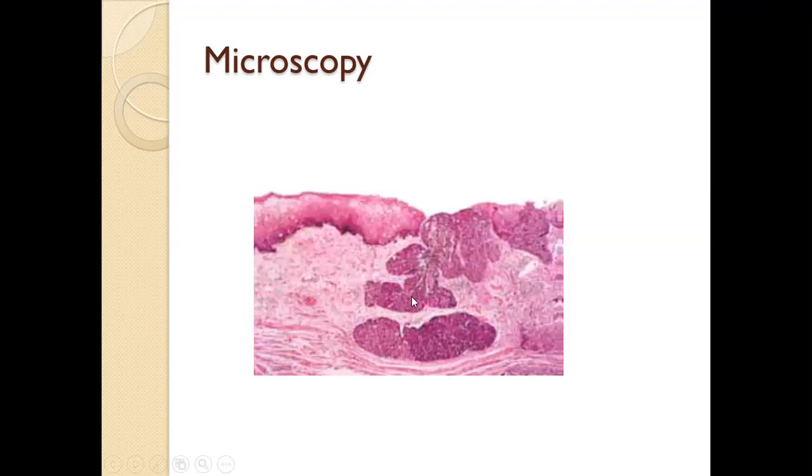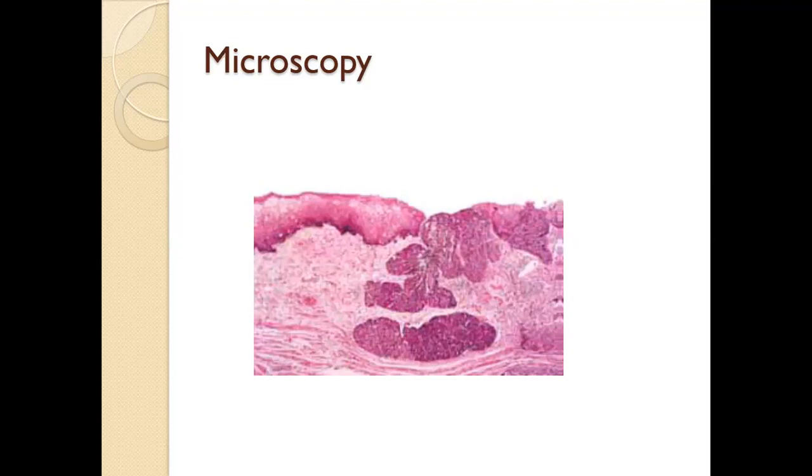Often they are moderately to well differentiated, but sometimes they may be poorly differentiated. Spread of squamous cell carcinoma depends on the location of the tumor. Cancers in the upper third of the esophagus metastasize to the cervical lymph nodes.